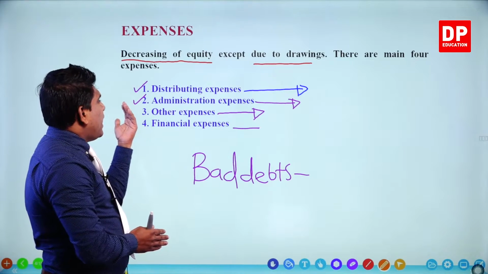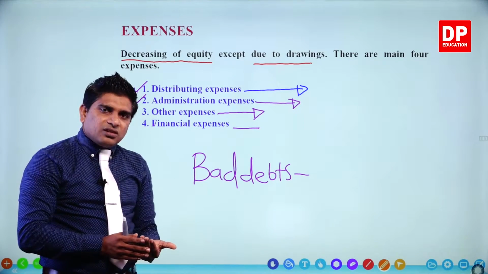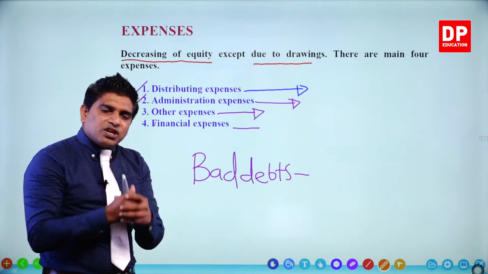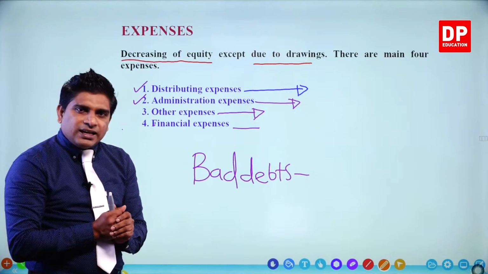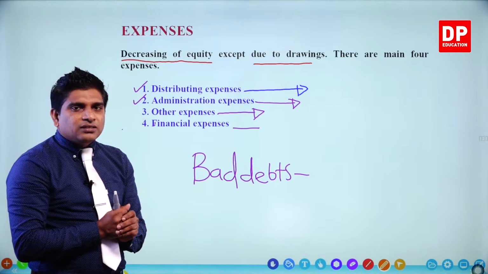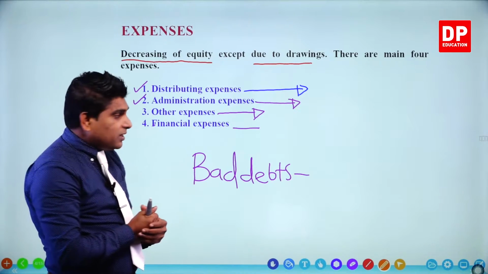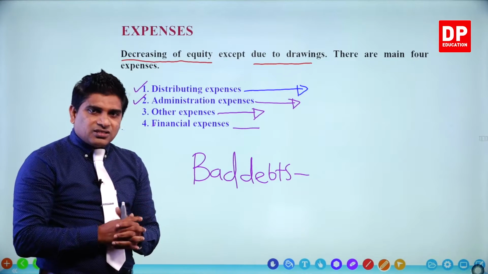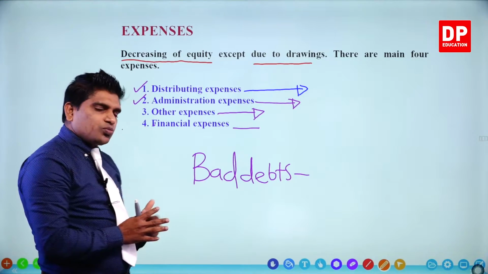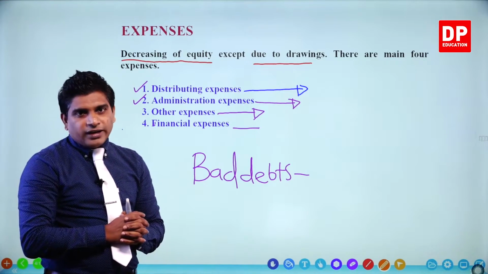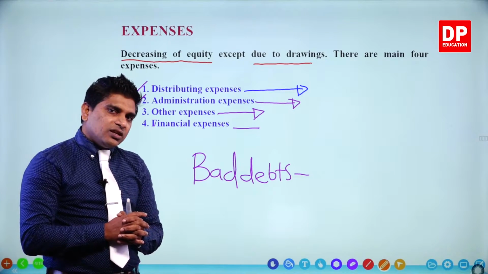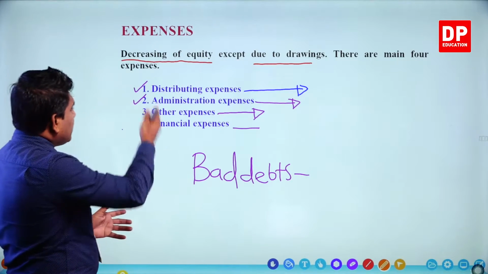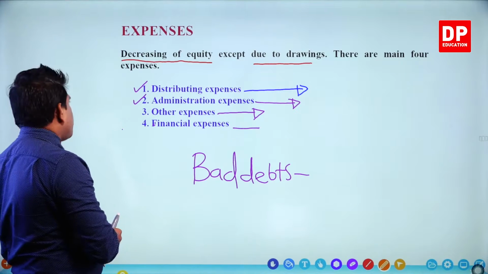The other one, administration expense, is connected with administration related activities: salaries, water bill, electricity bill. Then other expenses: stock losses, stock damages. Then financial expenses: checkbook charges and bank loan interest. These are meant for the classification of expenses.